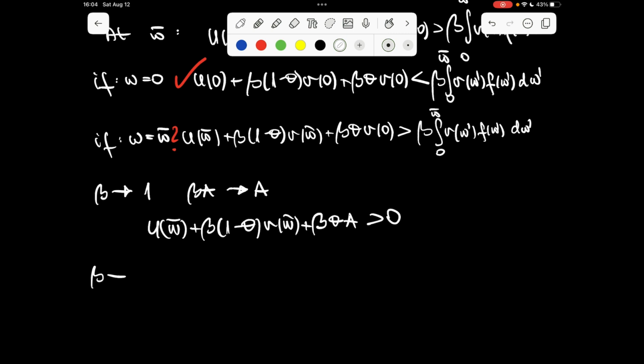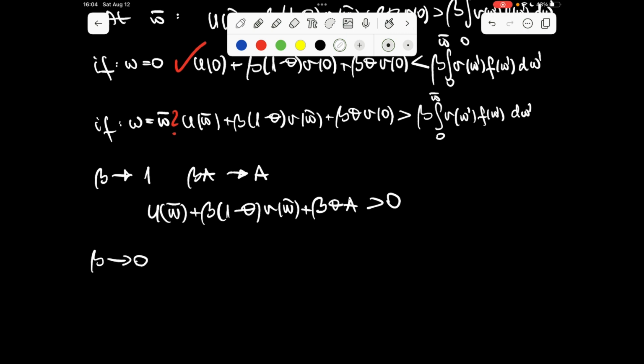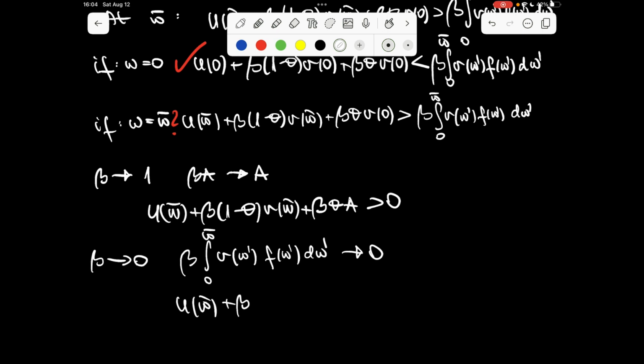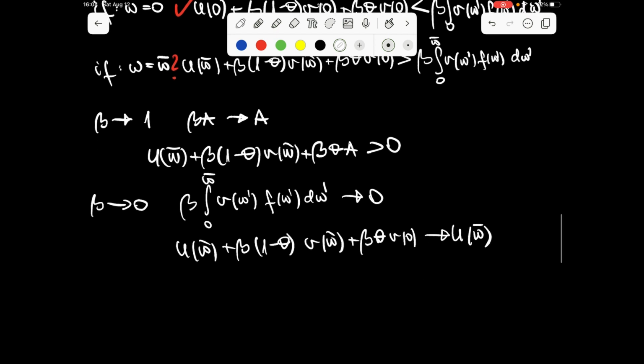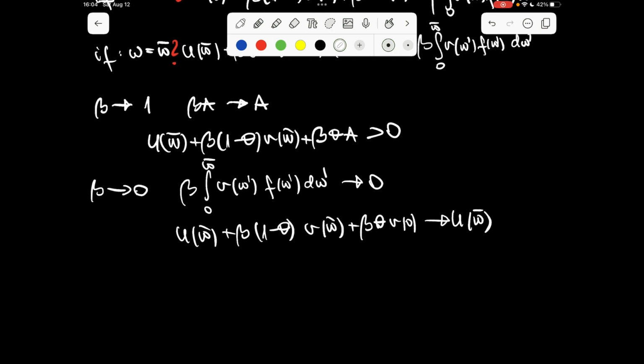And if the discount factor tends to 0, then the value of the search line also tends to 0, while the value of the acceptance line tends to a number which is definitely higher than 0.